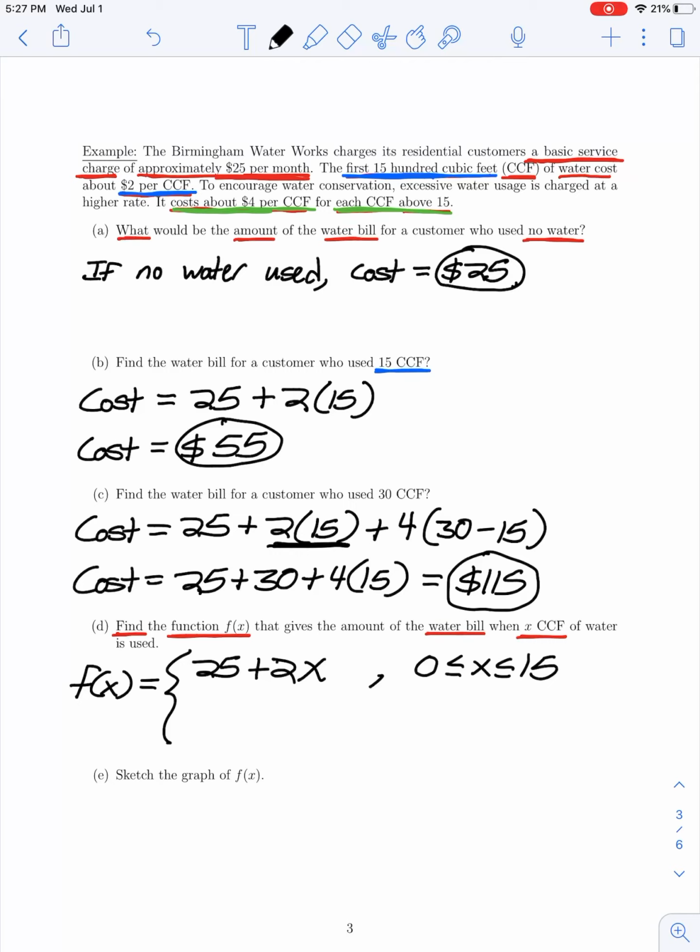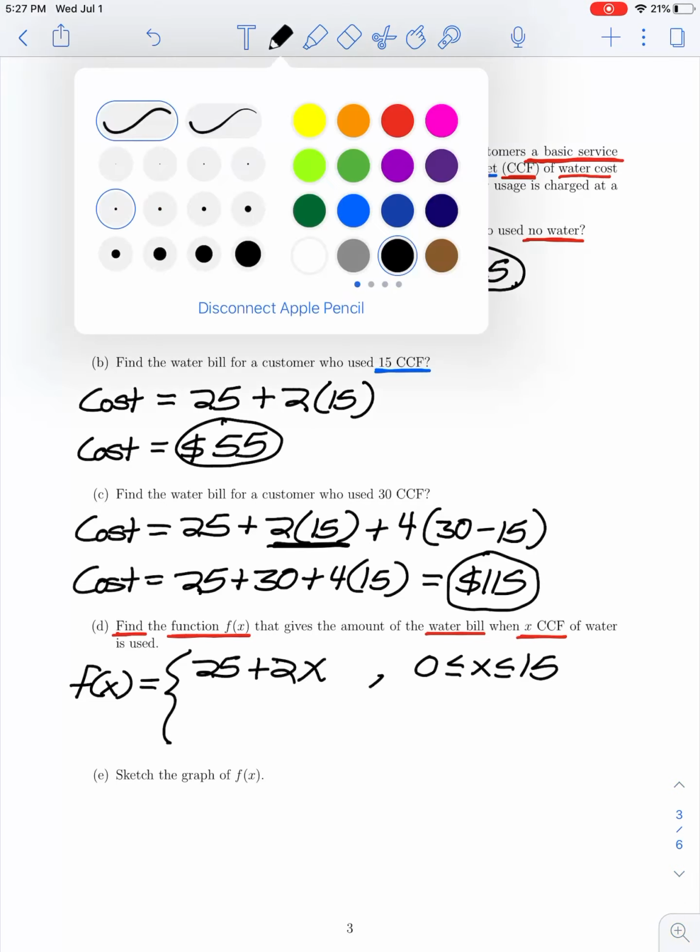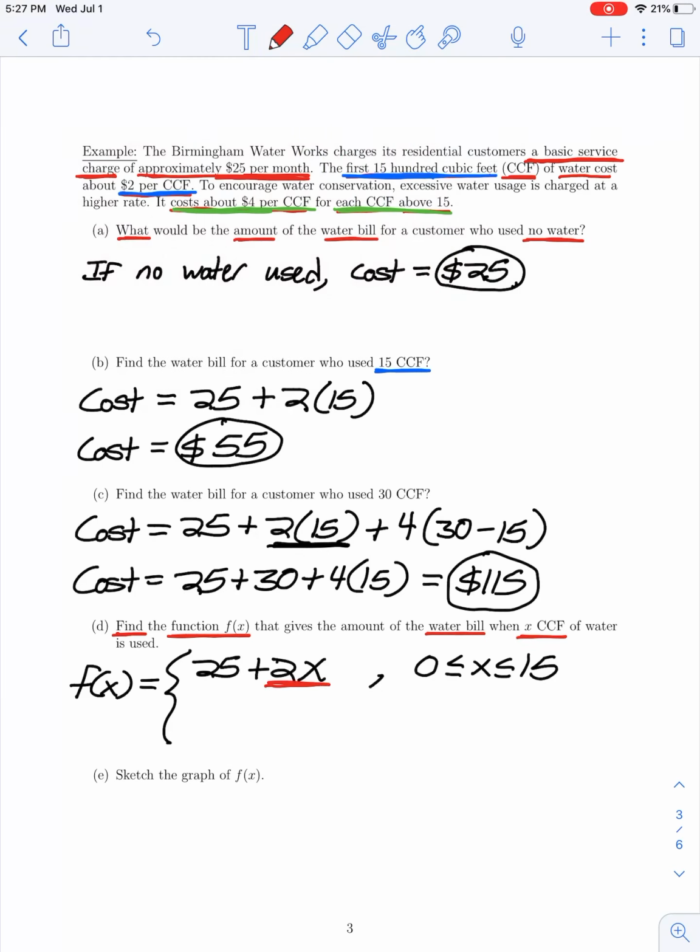So if we're using anywhere from 0 up through that first 1,500 cubic feet, it's only costing us $2 per the amount that we used, up through 15.